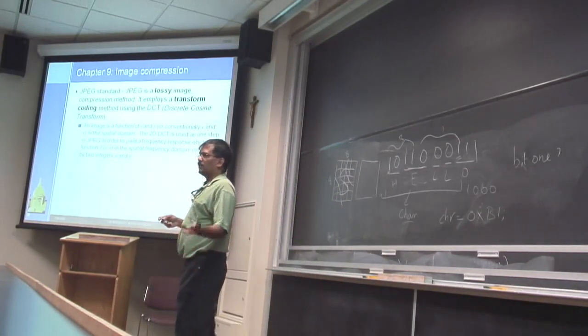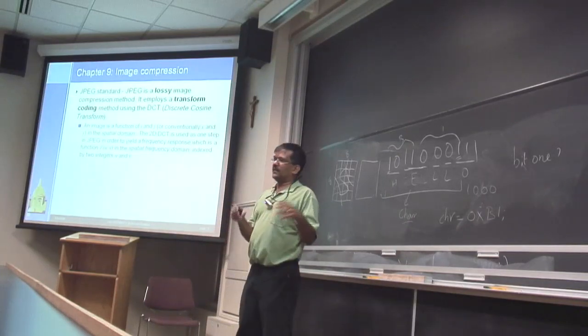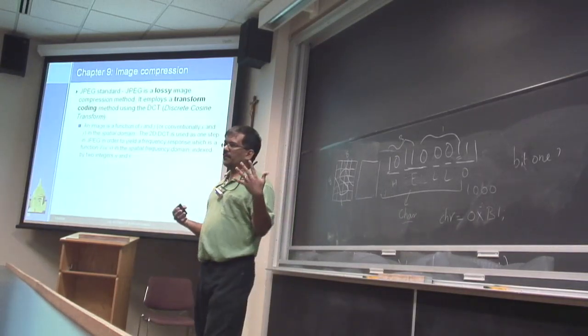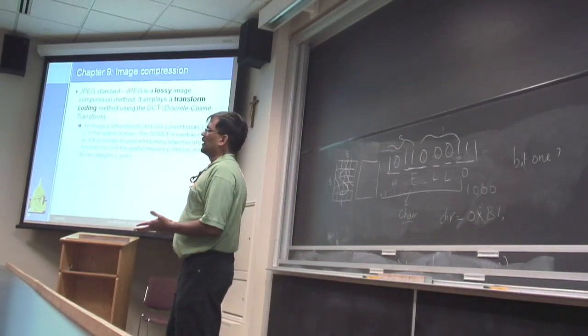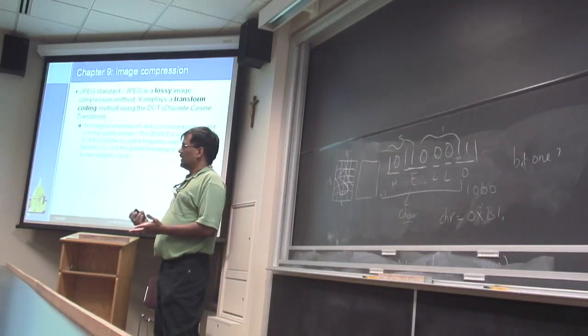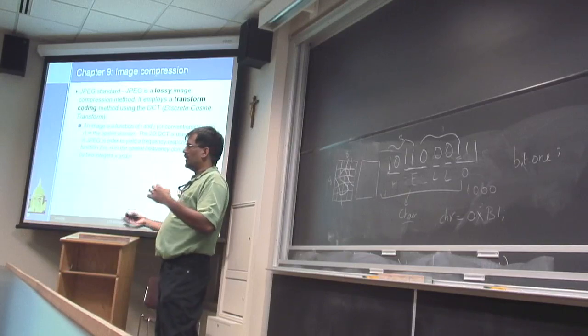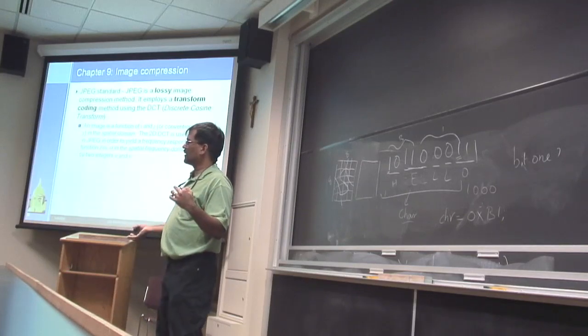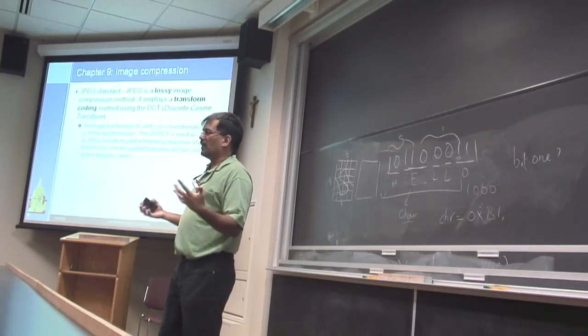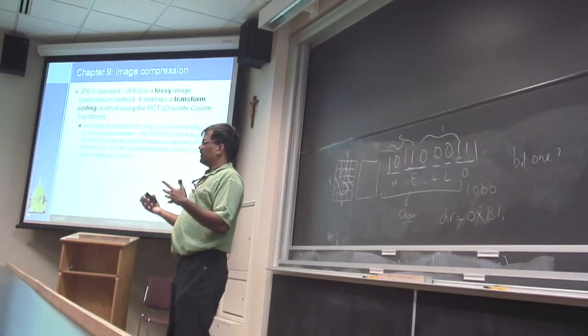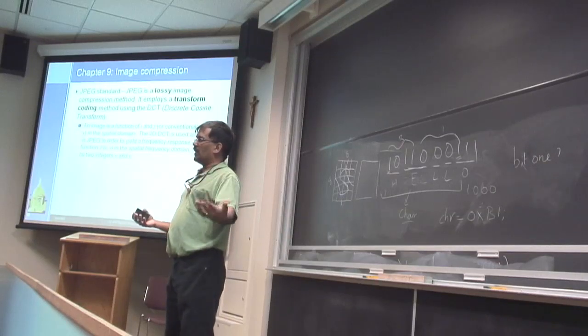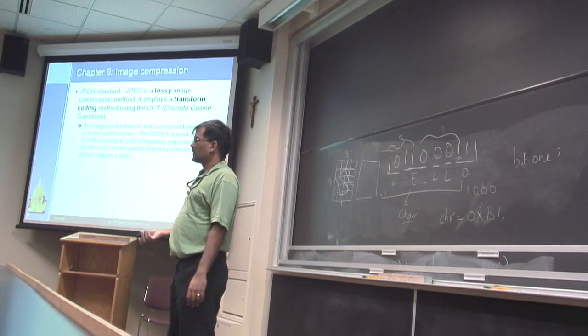It also talks about wavelet coding, which is a newer form of coding. Instead of JPEG, JPEG 2000 is a new standard which uses wavelets, which people in that field believe is the best thing since sliced bread. In practice, wavelet coding tends to produce results not that much different from DCT-based coding.